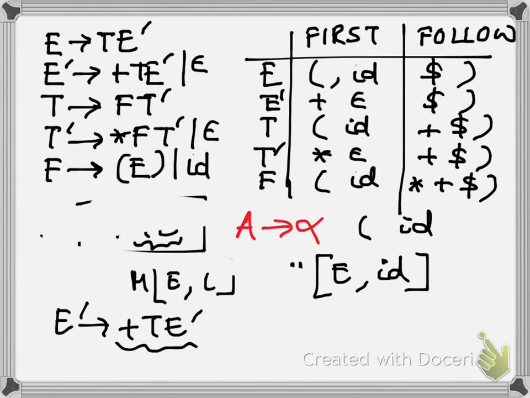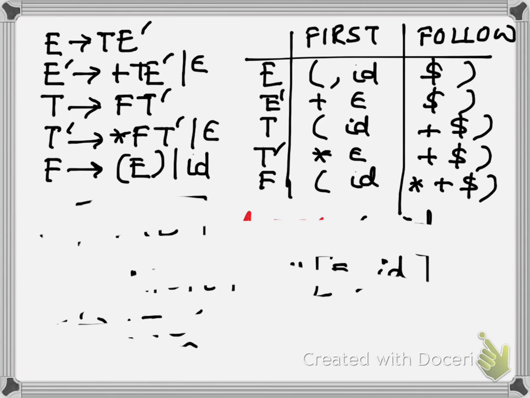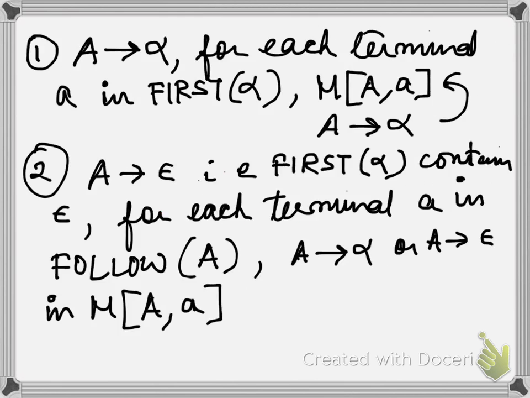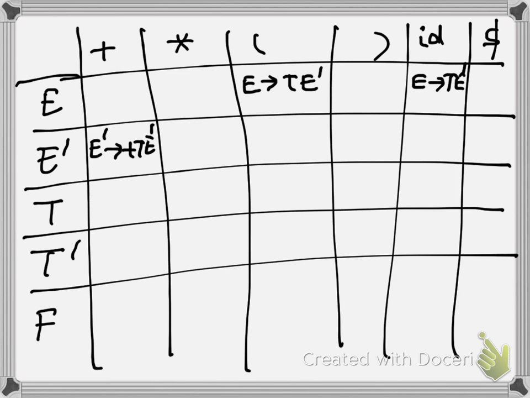For the third one, T derives F T dash, first of F is again parenthesis and ID. So for T on parenthesis and ID, we enter T derives F T dash.